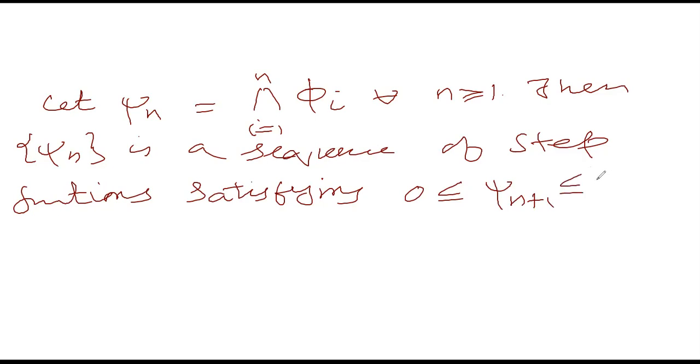It is also decreasing, because if you increase the value of n, this will decrease, because you are taking the minimum of more functions. Okay, this is a decreasing sequence.